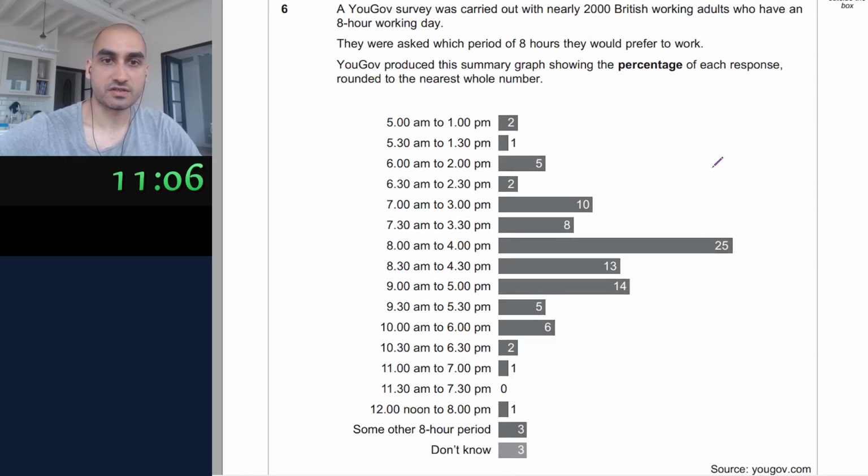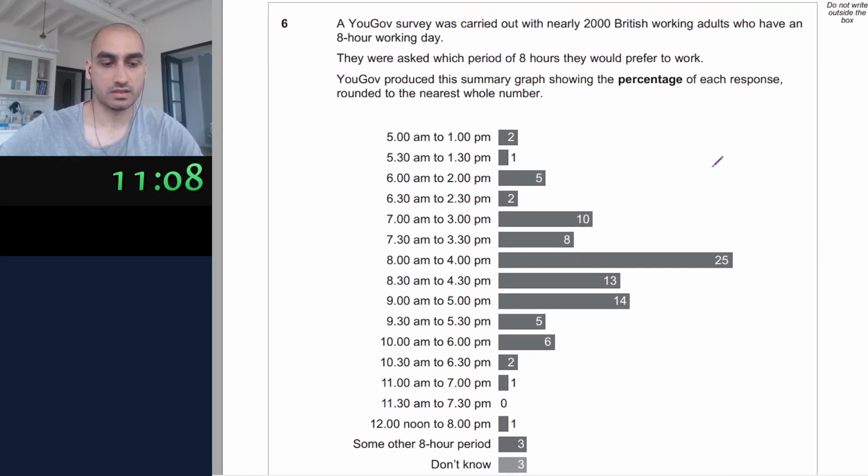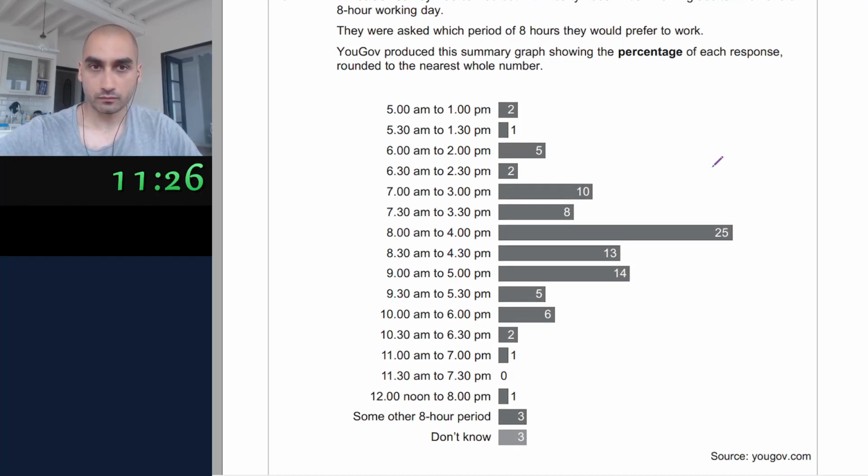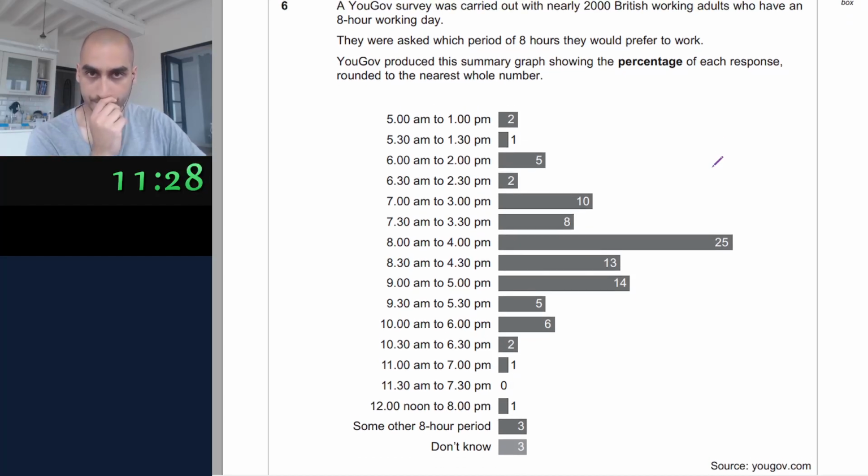A YouGov survey was carried out with nearly 2,000 British working adults who have an 8-hour working day. They were asked which period of 8 hours they would prefer to work.